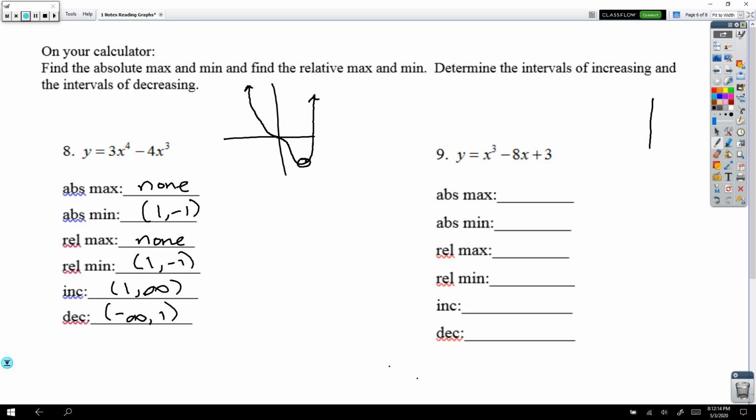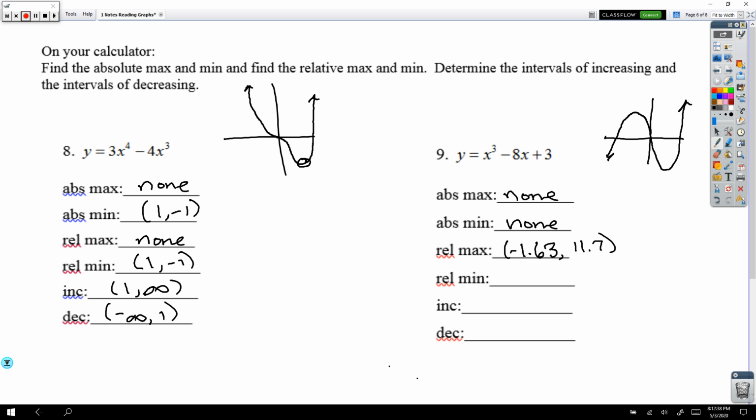All right, again, just to draw kind of a rough sketch of what we got going on here. Looks something like that. Okay, so no absolute max, no absolute min. My relative max we said was negative 1.63, 11.7.